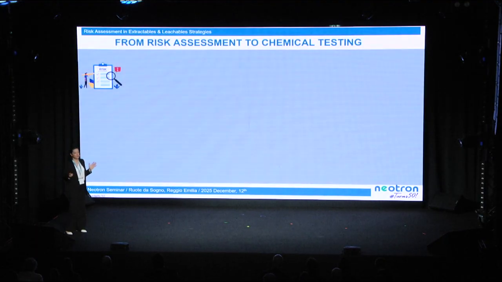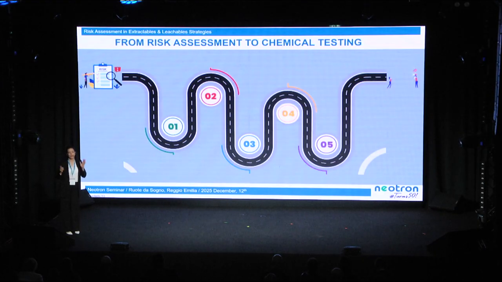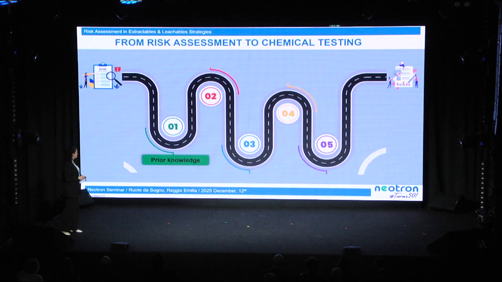So how can we move from risk assessment to the final report of the extractables and leachables, so to the chemical testing? You know that we have a challenging path ahead. And the first step, as I said, is prior knowledge. So every piece of information is crucial to start this kind of project.